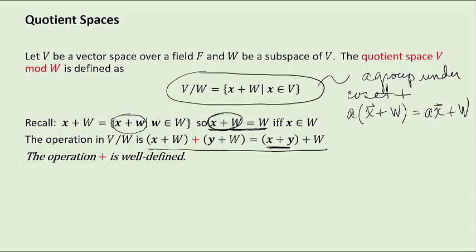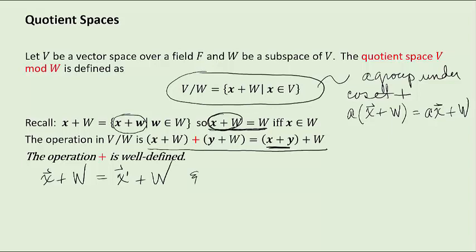Let's recall what well-defined means. It's very important in the context of factor groups or quotient spaces, because we could represent a coset by X plus W, but we could also use any vector in that coset to stand outside and represent the coset.